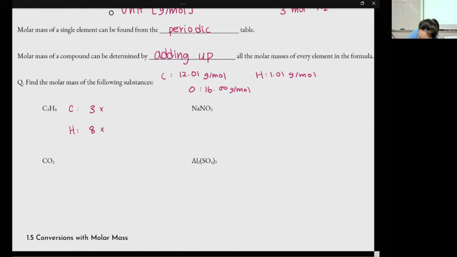So 3 times 12.01, and hydrogen will be 1.01. 36.03, and then if I add those two, it will be 44.11 grams per mole.